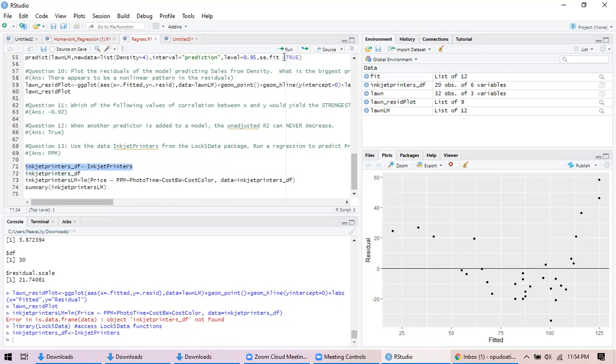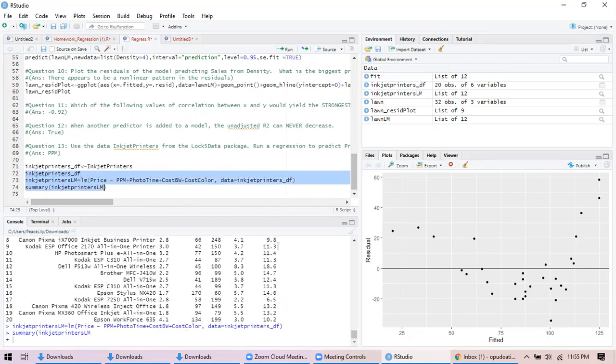There you go, so it's right here. Okay, run 72 to 74. Pretty much the whole thing. There we go. I think we're good now.